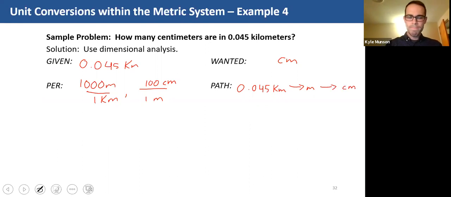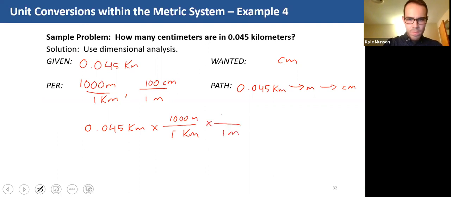Okay? So let's write this out as an algebraic expression. Kilometers. I'm going a little bit faster now, just since this is the last example. 1,000 meters per 1 kilometer times, for every 1 meter, 100 centimeters.